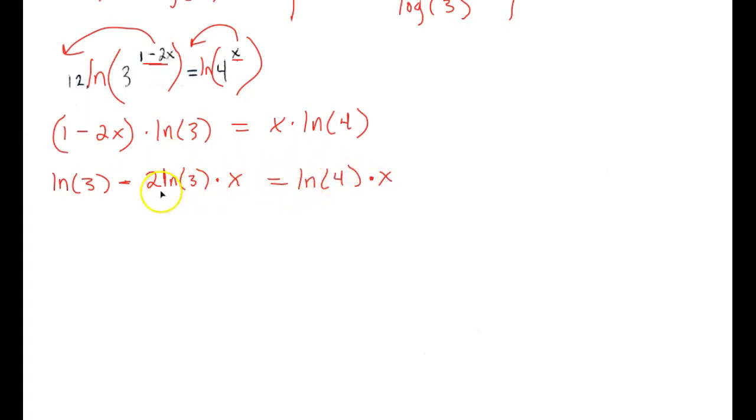So here I see that this term and this term have x's in it, so I'm going to take this term here and add it to both sides so that I can have x's all on the right side. So if I do that, then I have natural log of 4 plus 2 times natural log of 3.